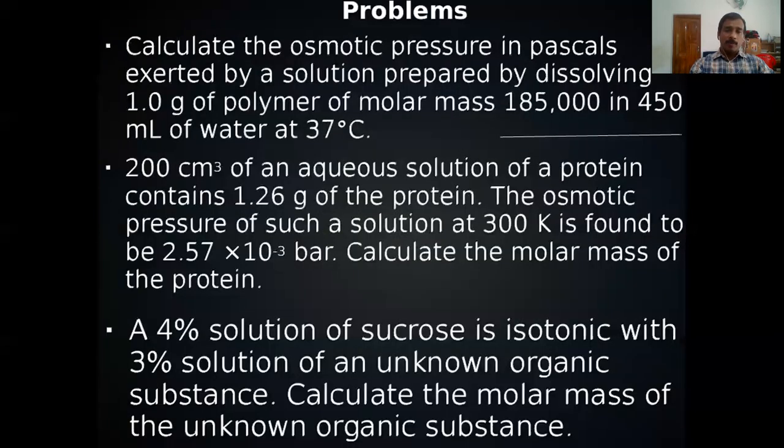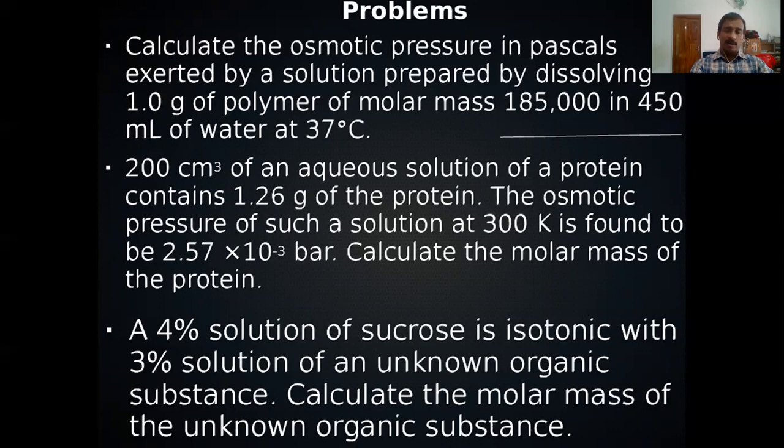Now, some numerical problems. Calculate the osmotic pressure in pascals exerted by a solution prepared by dissolving 1 gram of polymer of molar mass 1,85,000 in 450 ml of water at 37 degrees Celsius. So, what is the equation? Pi V is equal to nRT, or pi is equal to n by V RT.